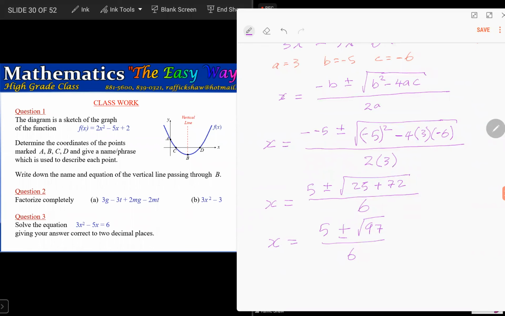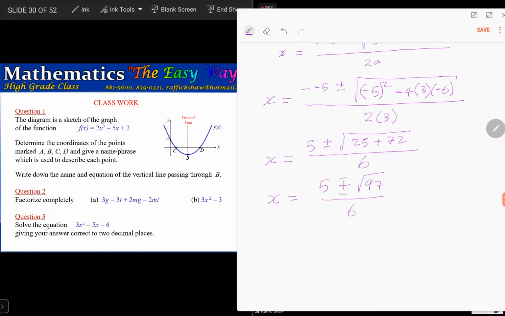They know that they're going to get one root to the plus and the other root to the minus, so they break it out. So, okay, x equals 5 plus square root of 97 over 6, or the other one is x equals 5 minus square root of 97 over 6.